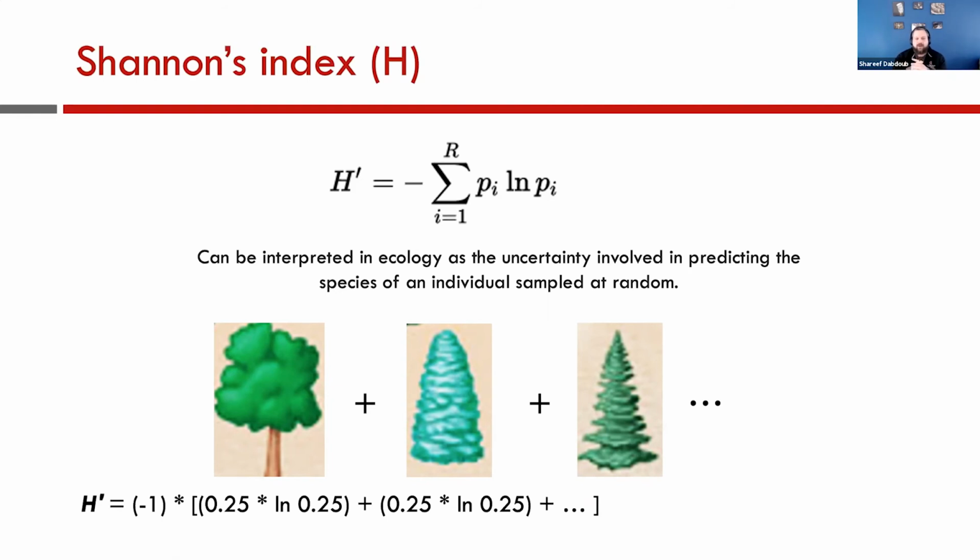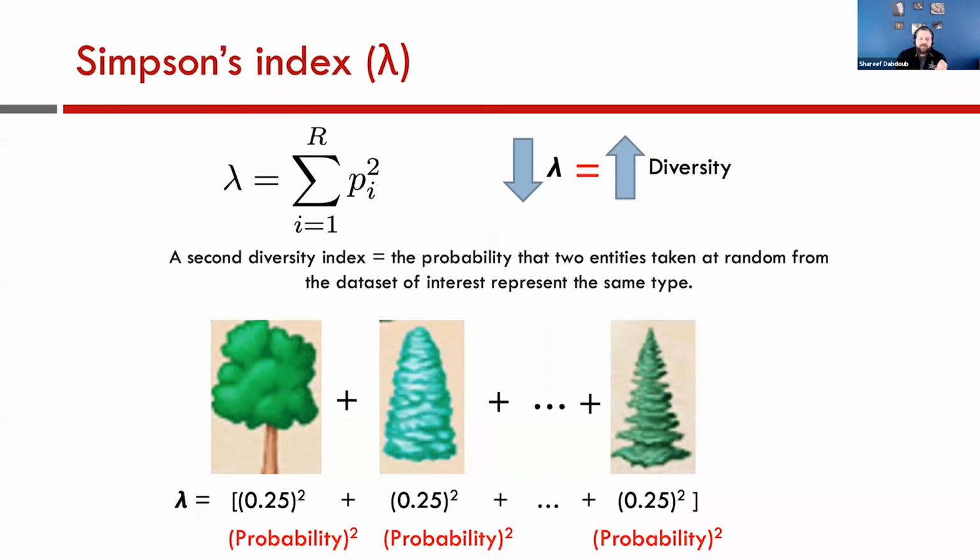The problem with a lot of these is going from the mathematical descriptions to some sort of intuition. So the interpretation for Shannon's is the uncertainty involved in predicting the species of an individual sample at random. Simpson's index is the second alpha diversity index, which can be interpreted as the probability that 2 species or OTUs taken at random from a data set of interest represent the same type.